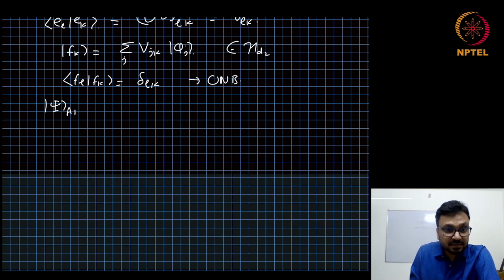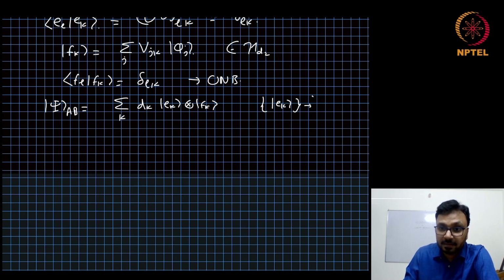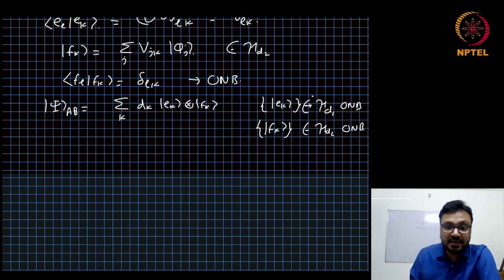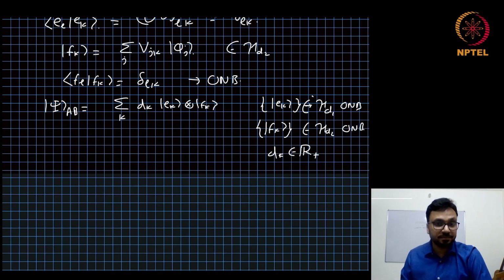Because this expression means psi AB can be written as the sum over k of dk, ek tensor fk, where ek is an orthonormal basis and fk is an orthonormal basis in HD2. And the dk's are real, positive, non-negative numbers.